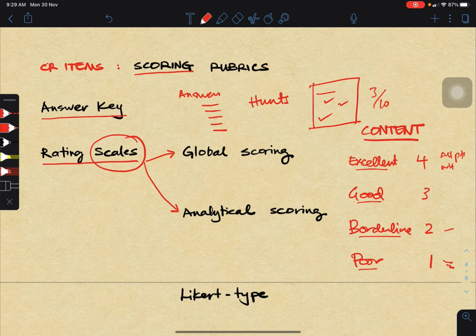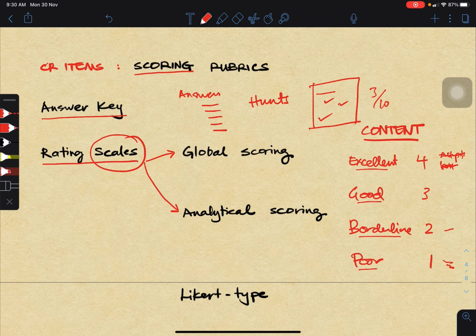But now you can go more than just content. You can describe, for example, logic of argument. So for excellent, you can give the definition of what you mean by good logic in the argument, and maybe uses references, quotes references well.